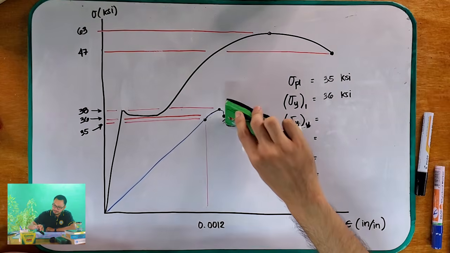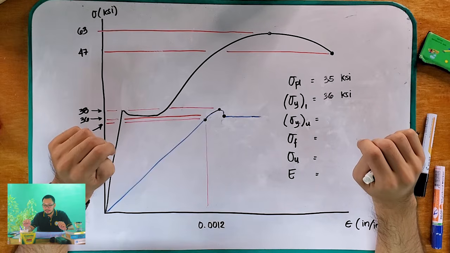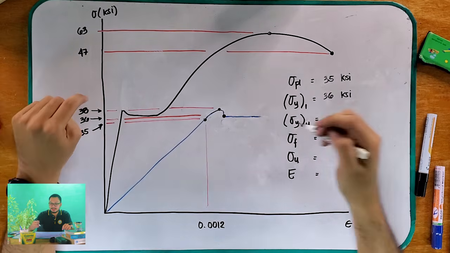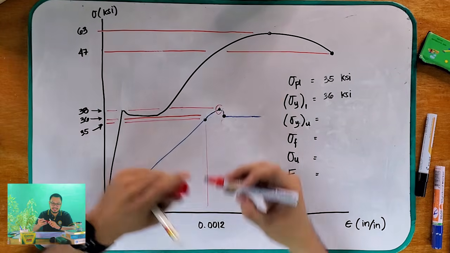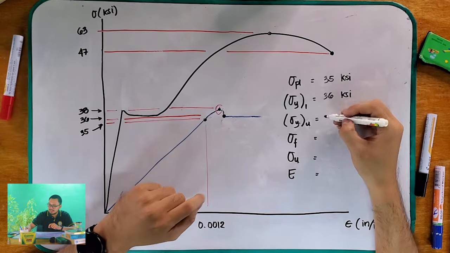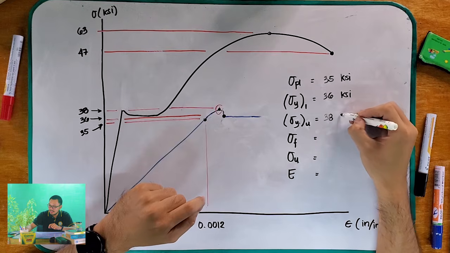Okay? How about our elastic limit? We learned that the elastic limit is the end of the elasticity of our material, our specimen. So the elastic limit is basically located at this point, which is 38 KSI.